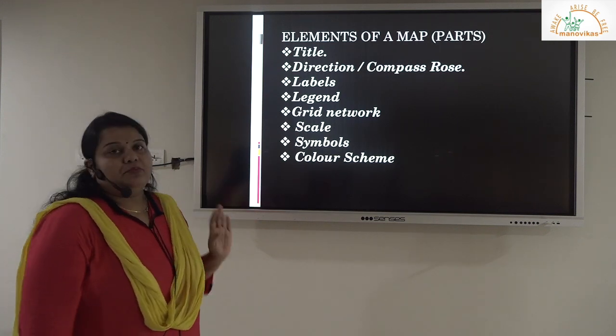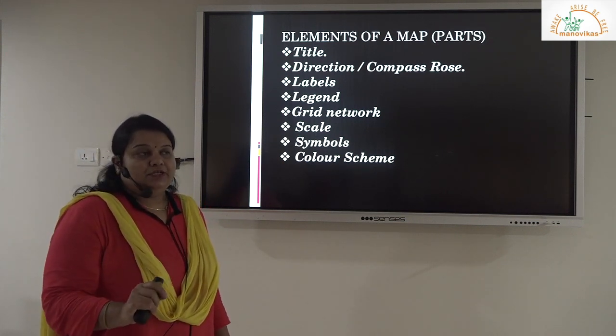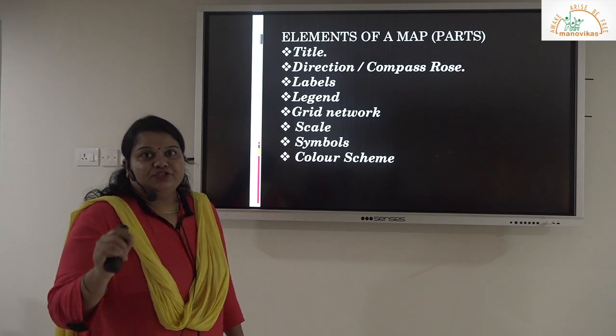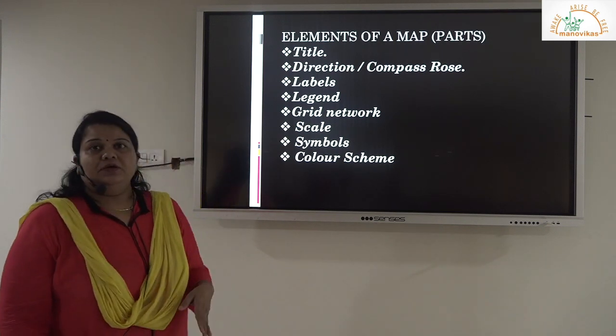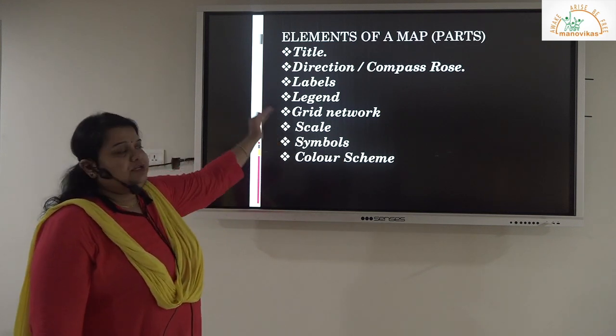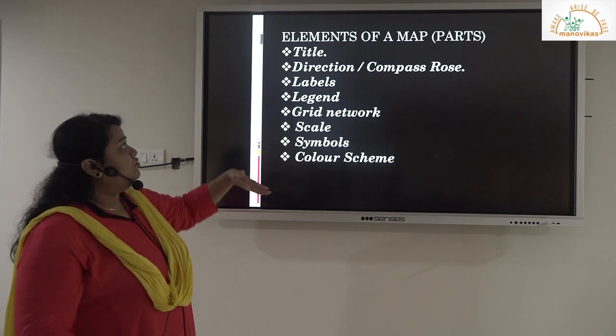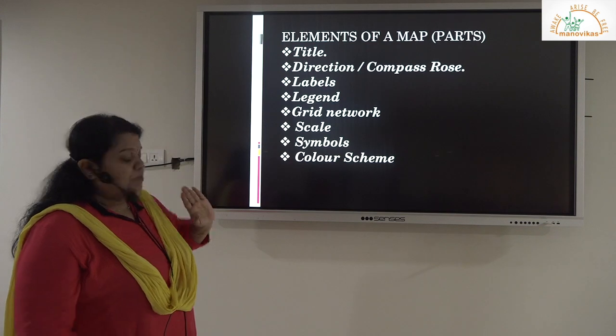Then you have a set of symbols. For example, you have a bold dot showing the capital city. You have a black line showing the road or network of roads. Then you have color scheme. Again, the color scheme symbols are a part of the legend, but they have been separately given because they come as an element of the elements of a map.